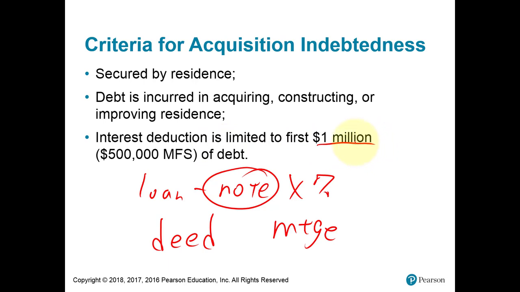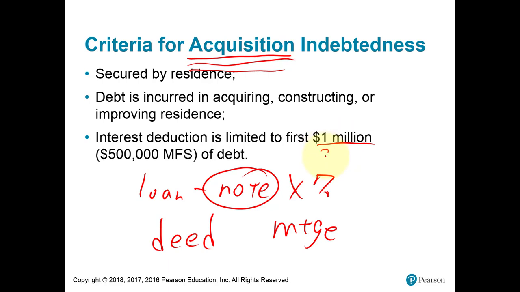Qualifying means that the loan was used to buy the property, to construct the home, to construct the improvements. Okay, that's up to 1 million. So if you have a loan bigger than 1 million, possibly the interest on that loan may not be fully deductible.